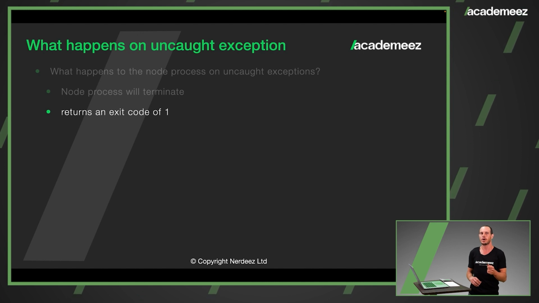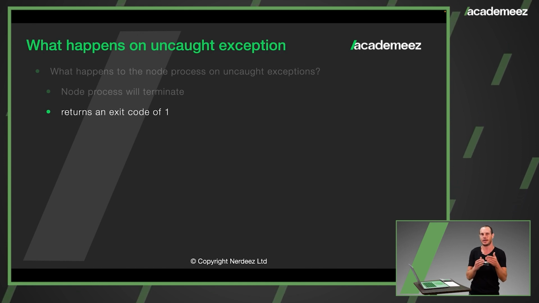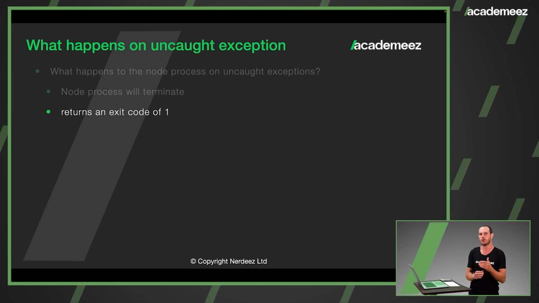So for example, if you have a rejecting promise that you don't catch, your process will terminate. If you have an event emitter that emits an error event and you didn't create an on to catch that error event, then your node process will terminate with exit code 1. The only exception for asynchronous errors is an error first callback.